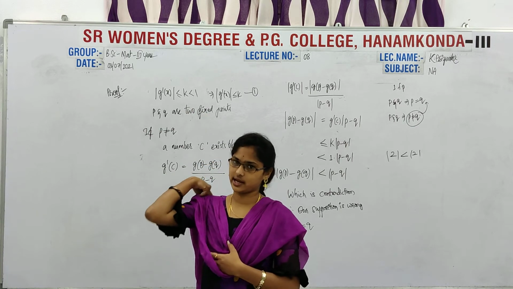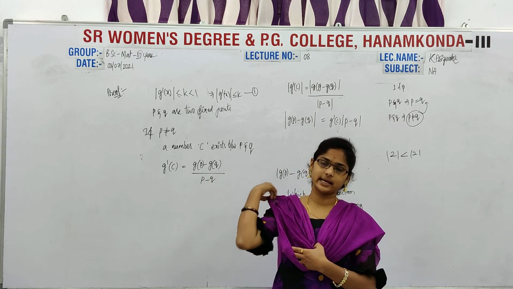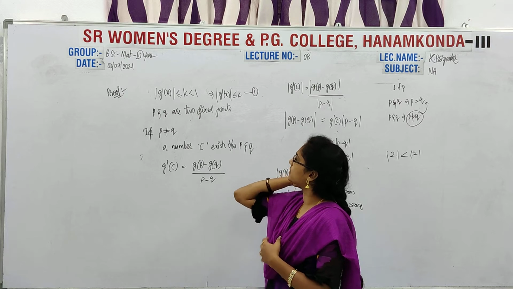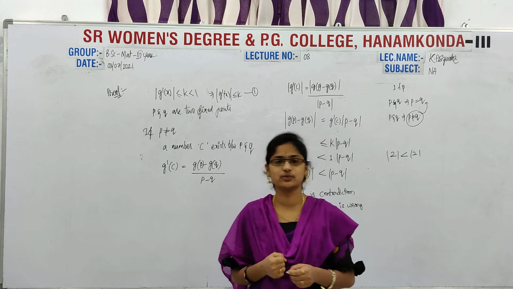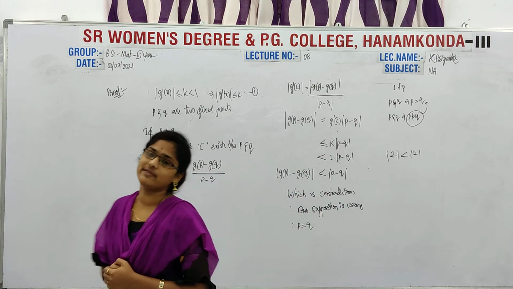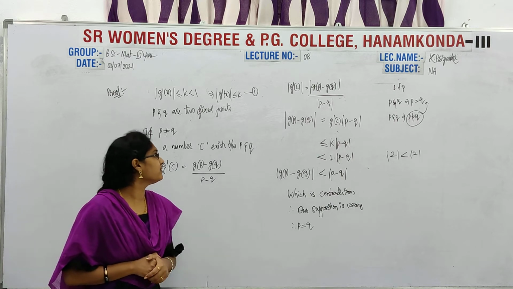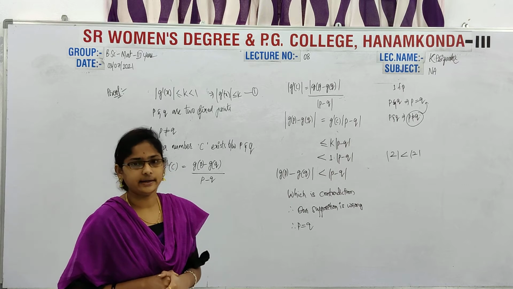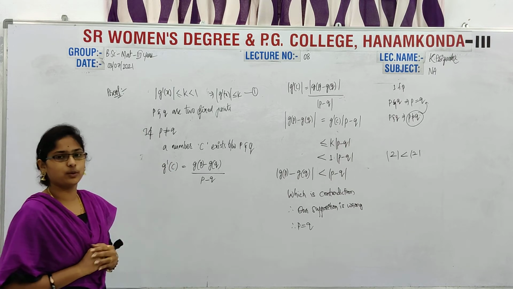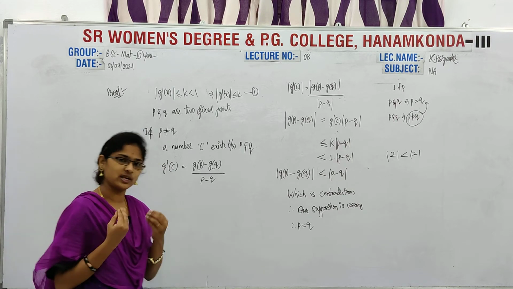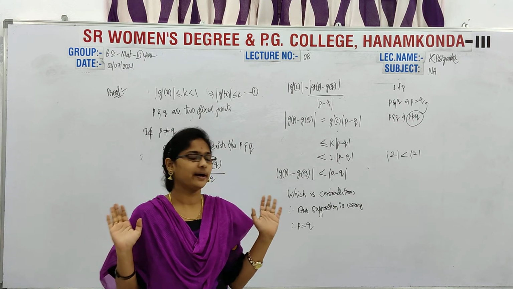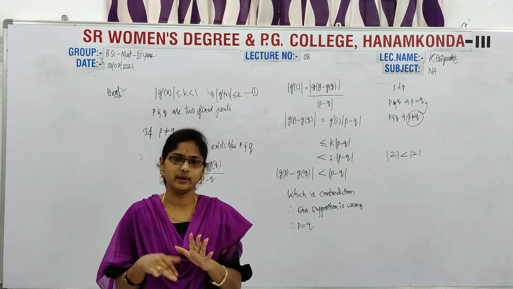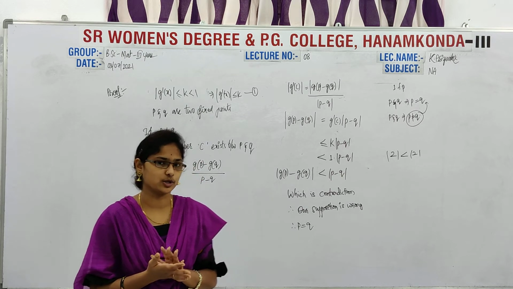Okay, so once again I will explain. In the second statement, they asked to prove that modulus of g dash of x is less than or equal to k. By taking this, they asked to prove that it has only one fixed point. So for that, simply what I did is I took P and Q as two fixed points, and I supposed that P is not equal to Q. So by that finally I got a result which is not possible.